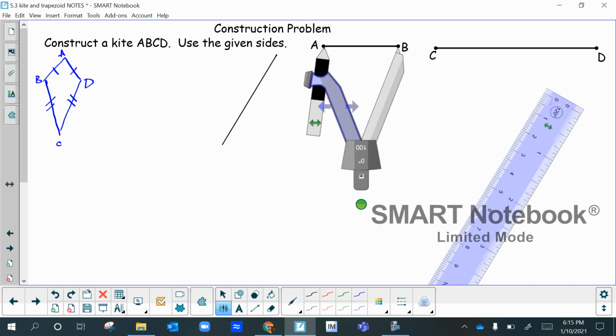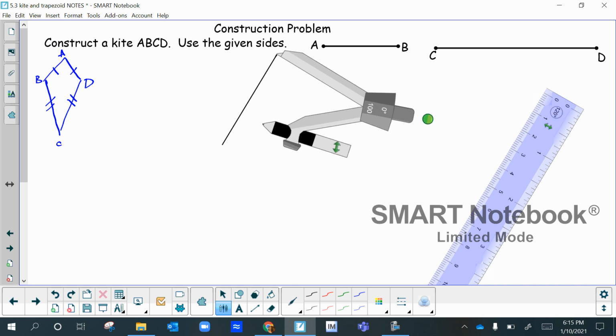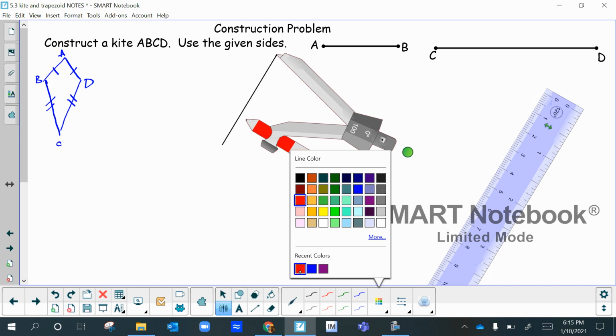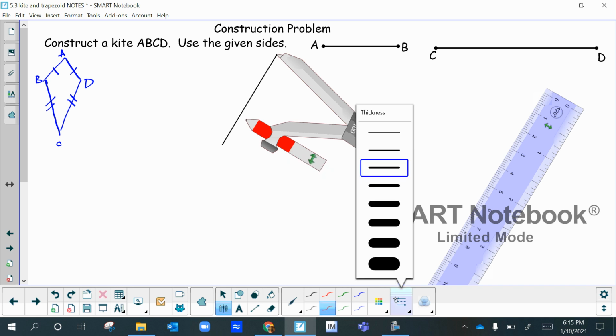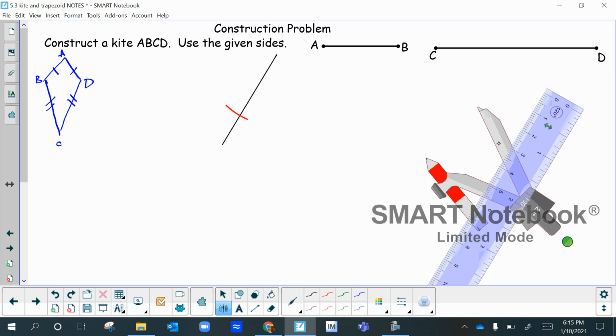I know we haven't done constructions in a while, so that's why I want to put one of these in the notes. We're going to place it at this endpoint, and I'm going to make an arc here. So that's going to be side AB. Let's mark that: this is A, and this is going to be B.